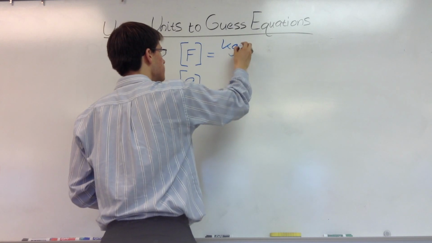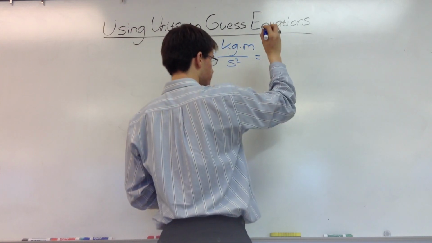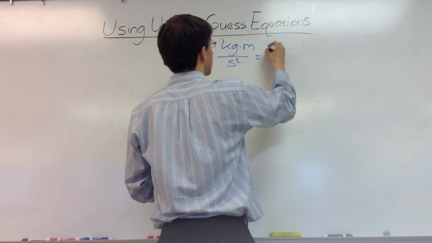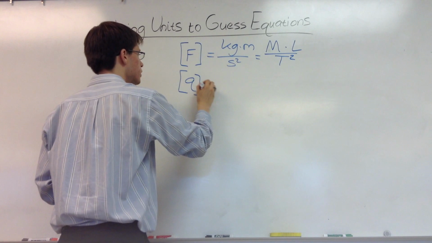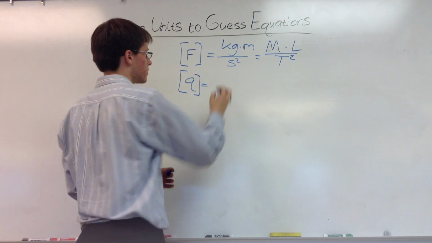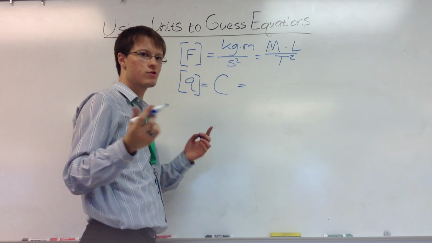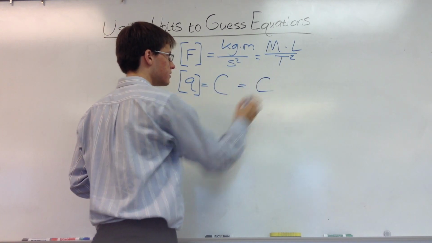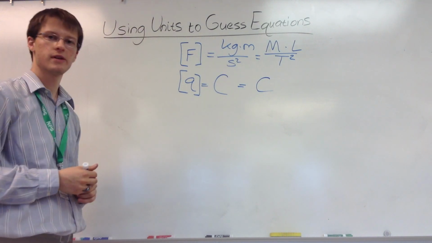So we get kilograms times meters per second squared, and we get mass times length over time squared. Q is a charge and has units of coulombs, which is written as a C. So we're just going to leave those there.